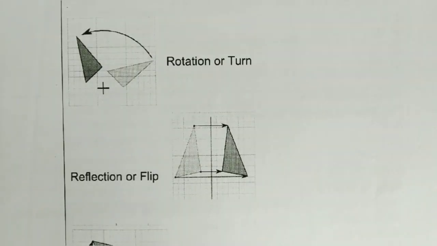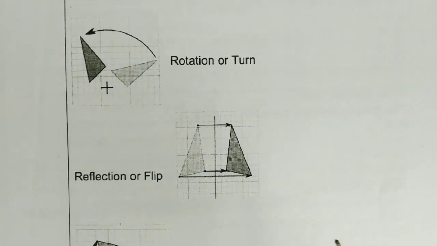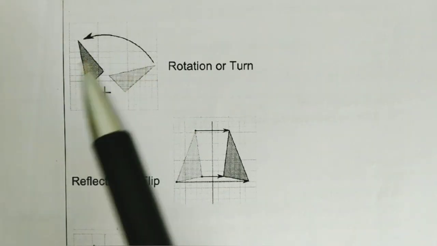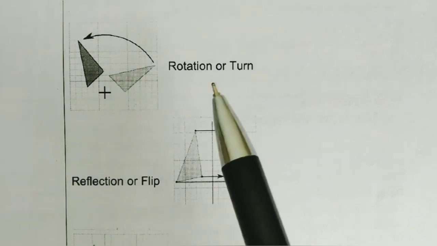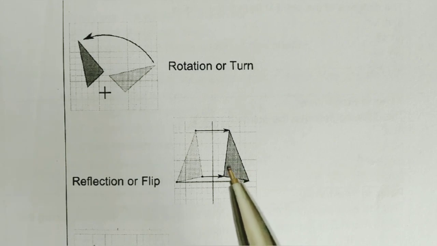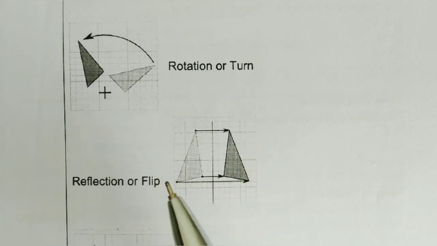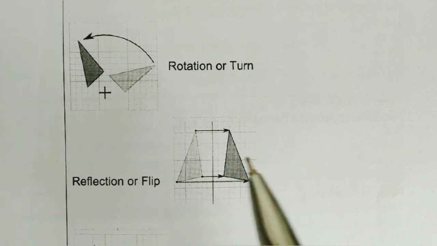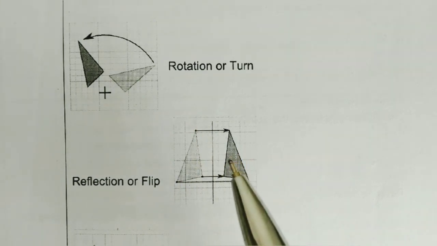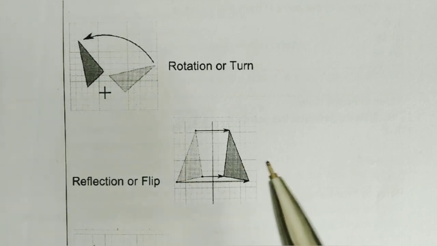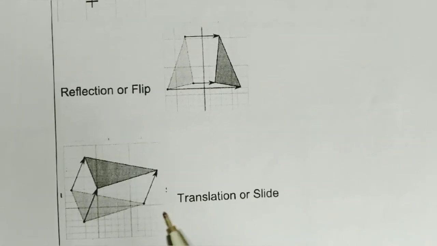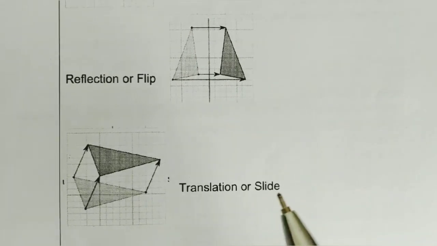Now here we have various situations in which we say the figures are similar. If the image rotates or turns, in that case also we say figures are similar, shapes are similar. If the figure reflects or flips itself, like if you observe over here, from one quadrant it has moved to another quadrant, so this flipping also says the shapes are similar. Look at the next one, translation or slide.